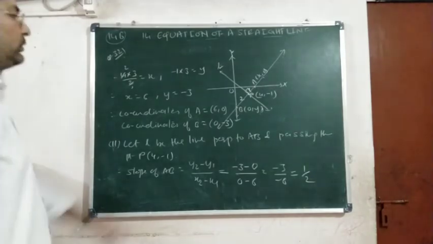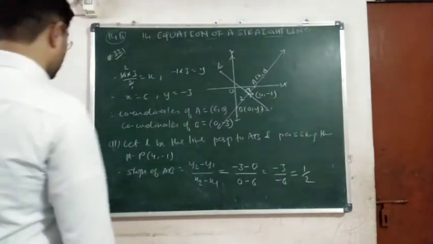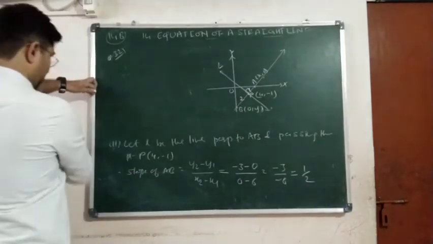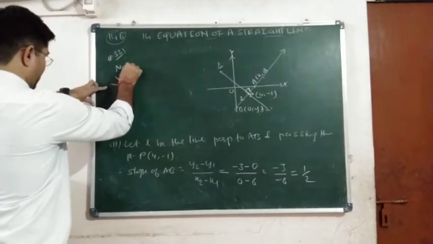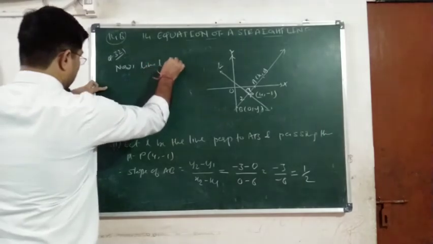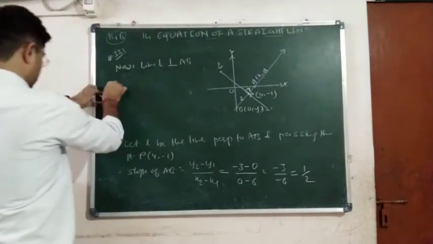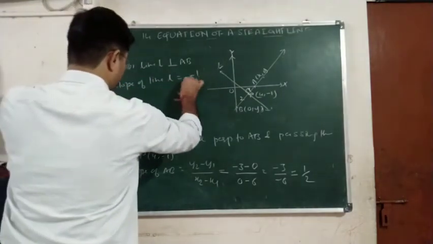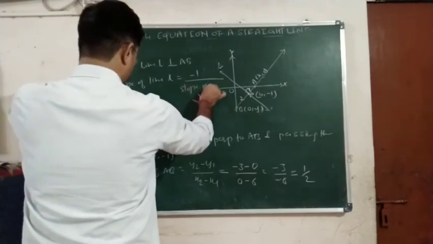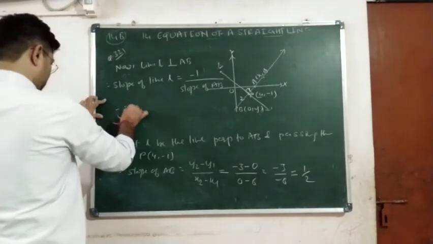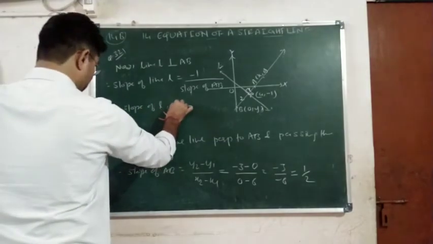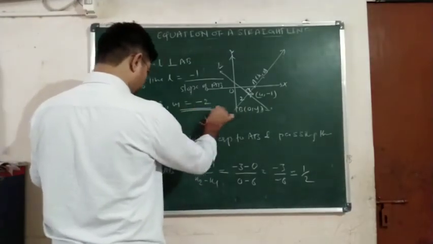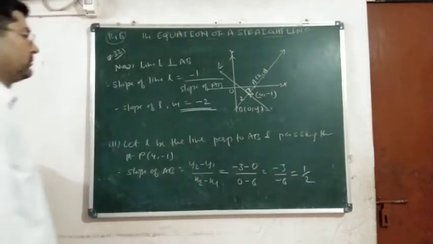Now, L is perpendicular to AB, therefore slope of line L, denoted by m, is equal to minus 1 upon slope of AB. The negative reciprocal will be minus 2. So we got the slope of line L to be minus 2.